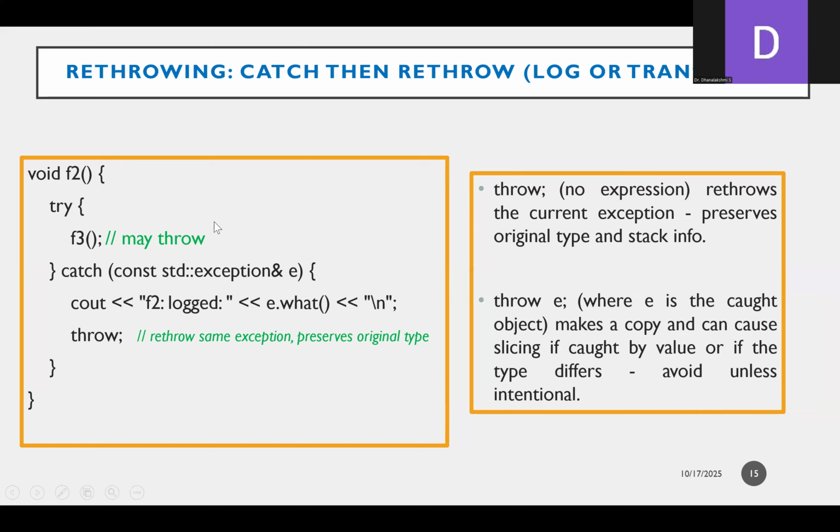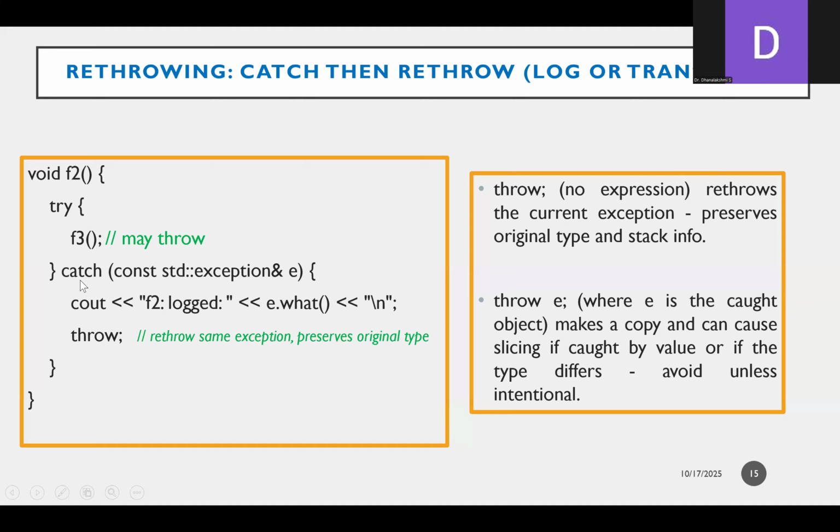Step by step: F2 is calling F3, right? Suppose F3 throws an exception, for example throw runtime error in F3. F2 will catch it.